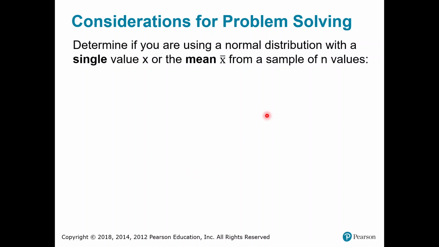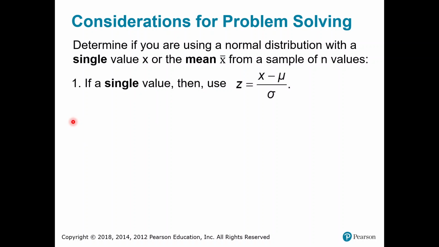Now, when you have a problem to solve, the first thing you want to know is whether you have a single value or a mean x bar. If it is a single value, then this is the z formula that you have to use.